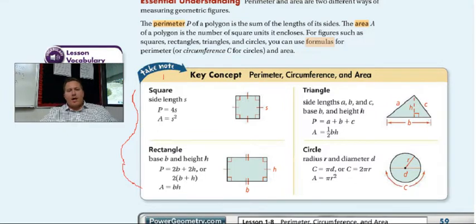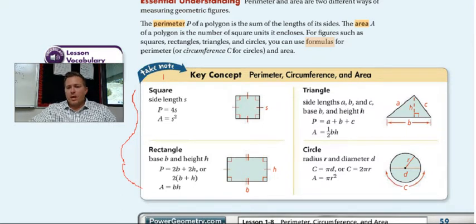So what we have right here is the perimeter of a square: you add up all four sides, or 4s, 4 times each side. We have the area equals side squared, or side times side. For our triangle, an important formula that we're going to need to know: when we take the perimeter, again we're just adding up each of the sides, a plus b plus c.